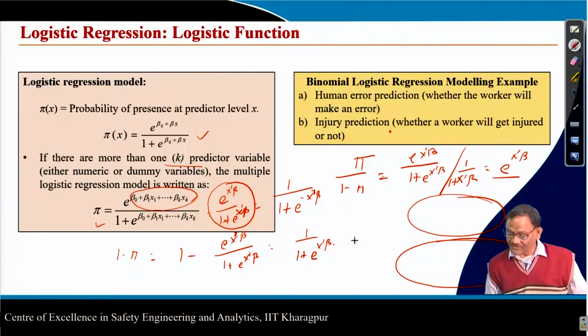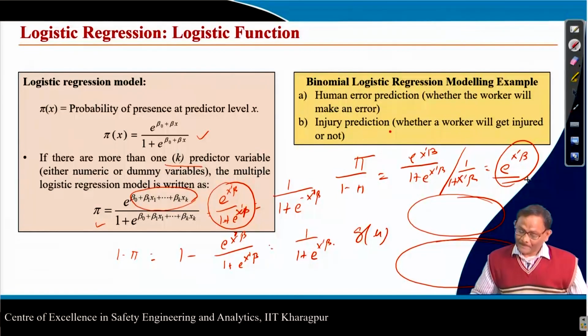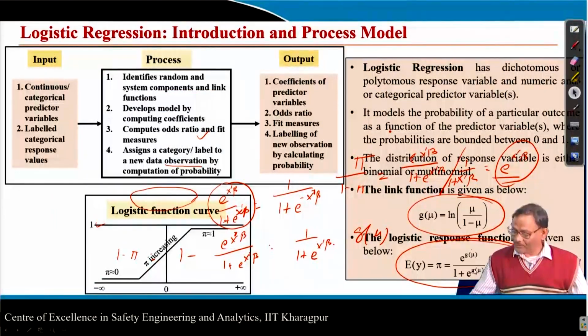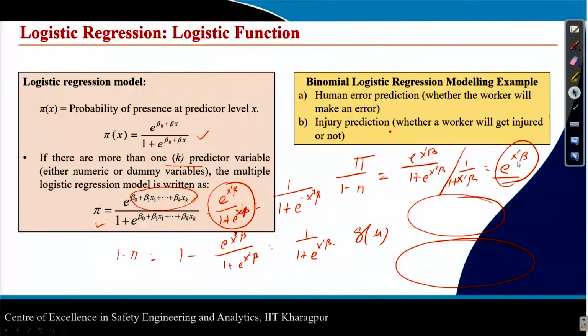So then what is this g mu? G mu will become this one. In the previous slide, let me check what we have written, am I telling the wrong thing? So g mu, that is x transpose beta, so e to the power x transpose beta. Okay, the interesting part here is this pi by 1 minus pi.